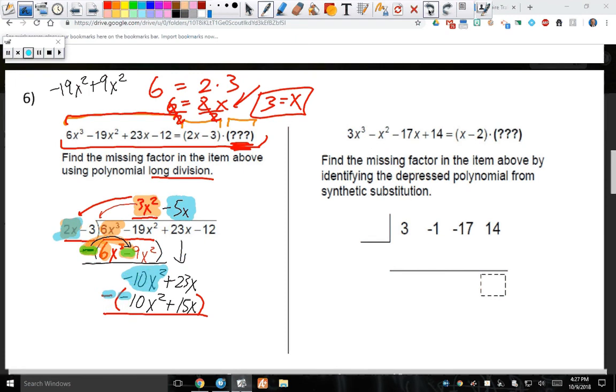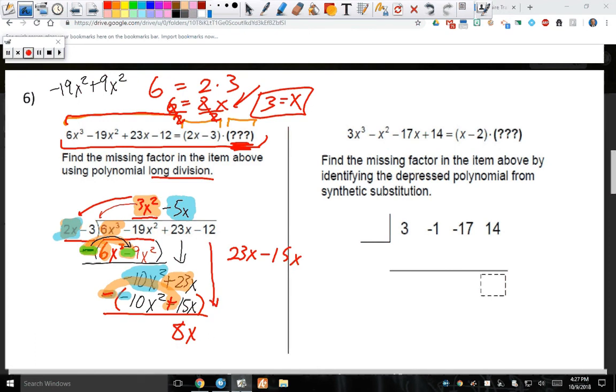Then the next numbers I'm looking at are a positive 23x, and then this negative times this positive gives us a negative 15x. So if you subtract that, you would get 8x.